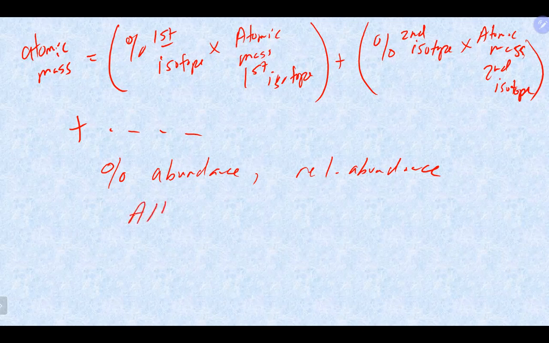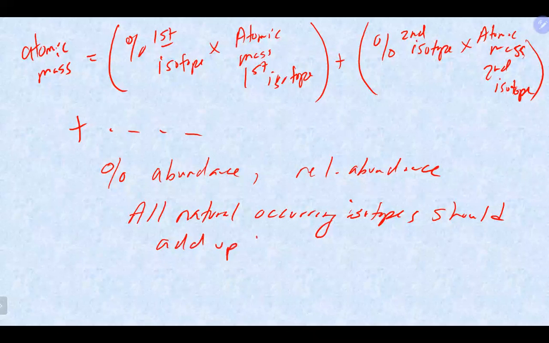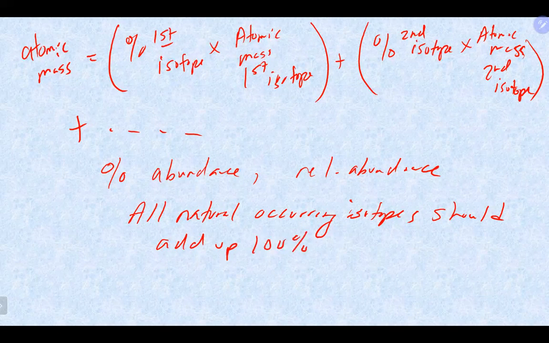All my naturally occurring isotopes should add up to 100%, right? So if you're given the percent abundance, relative abundance, of a bunch of isotopes, and you add up all the percentages and they don't add up to 100%, then you're clearly missing one of the isotopes, because it should obviously add up to 100%.